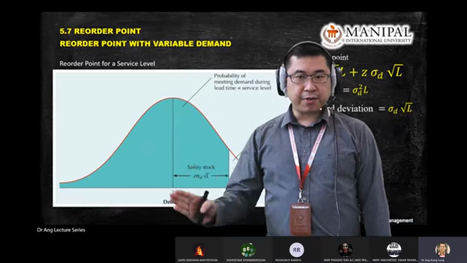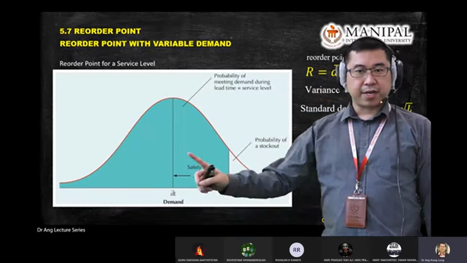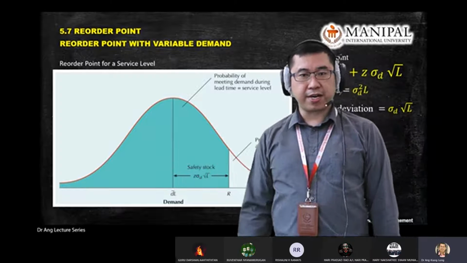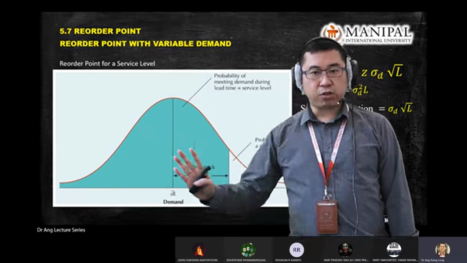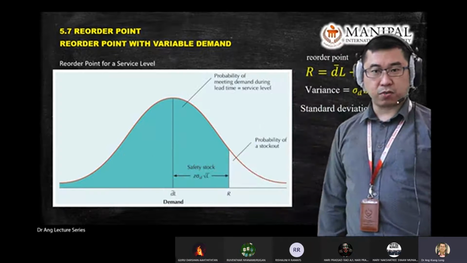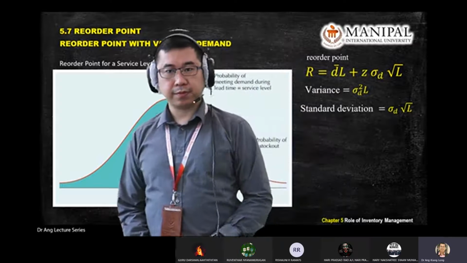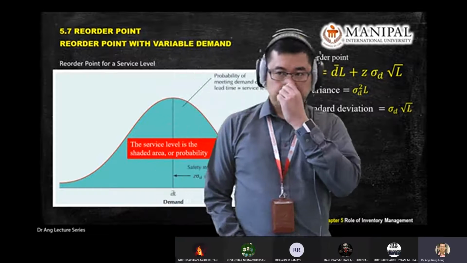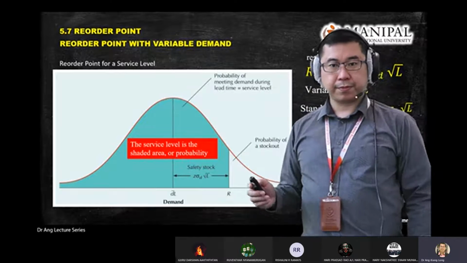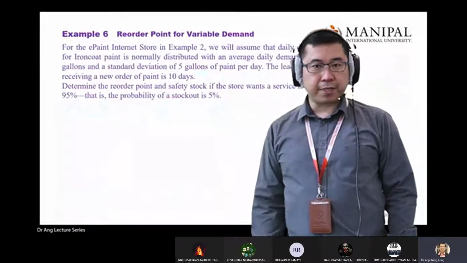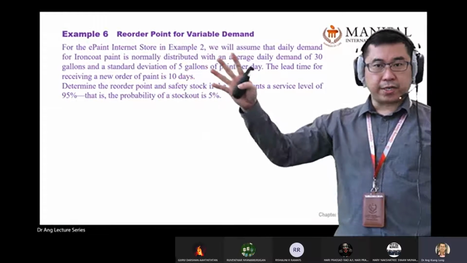Half of the graph is 50%, half of the graph is another 50%. So the total area under the graph is 100%. It depends on whether it is to the left or to the right, depending on the situation. Okay, so this one we learned before. Let's look at example number 6. You read the statement here.